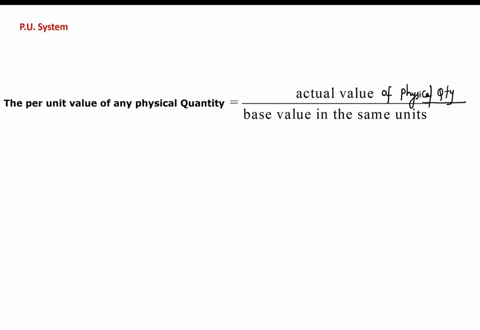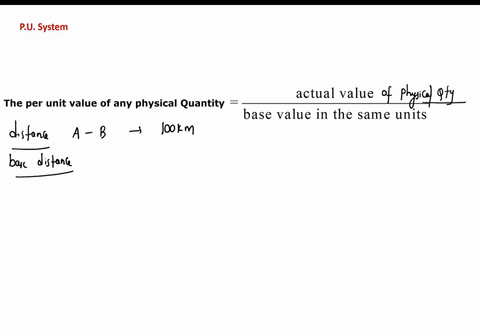Suppose the length from town A to town B is 100 km. That is the actual distance between town A and town B. The base distance I choose should have the same unit, kilometers.